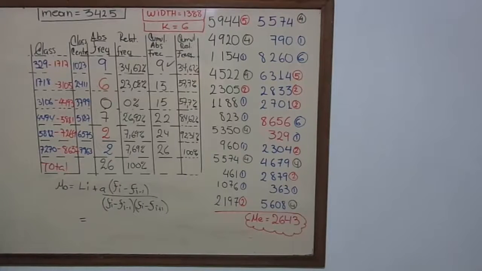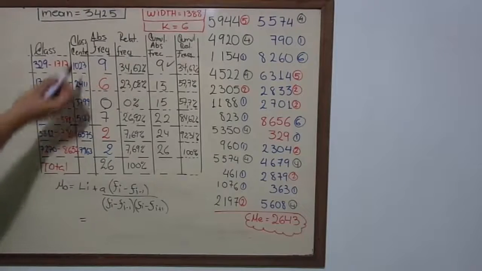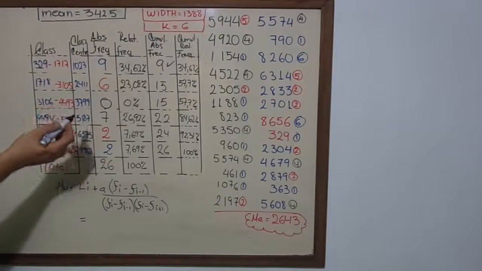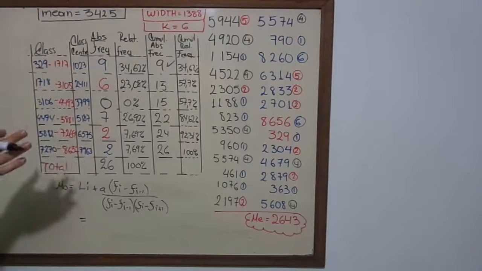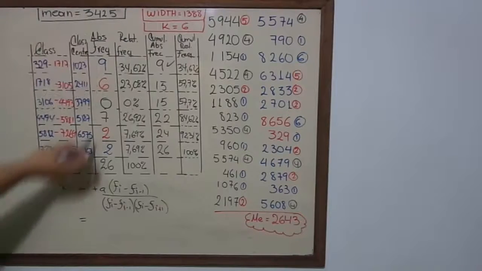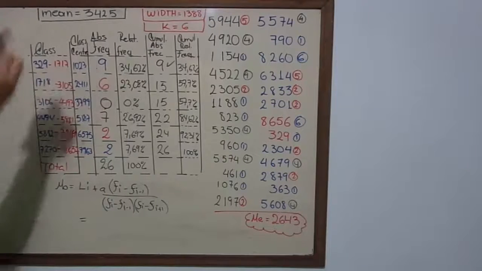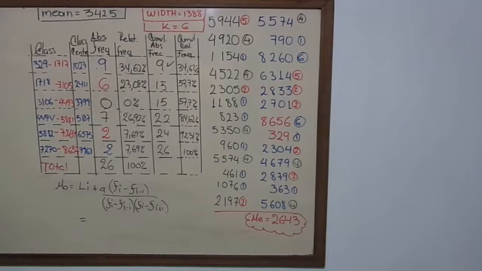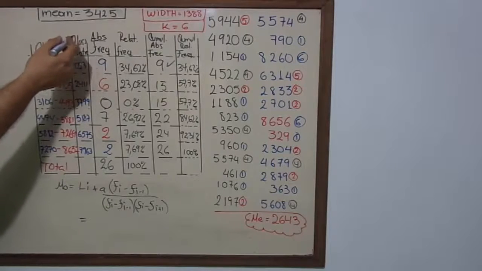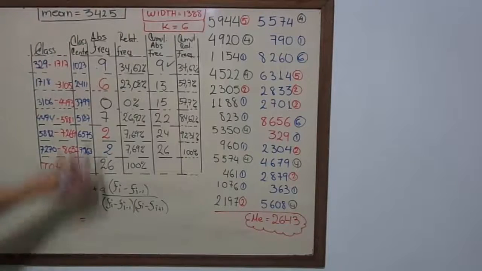And which is the class that contains the mode? Well, that's very simple. That's just the class that has the highest absolute frequency. So that means that the first class is the one that contains the mode, right? And before that, there is 0, because it's the first one.